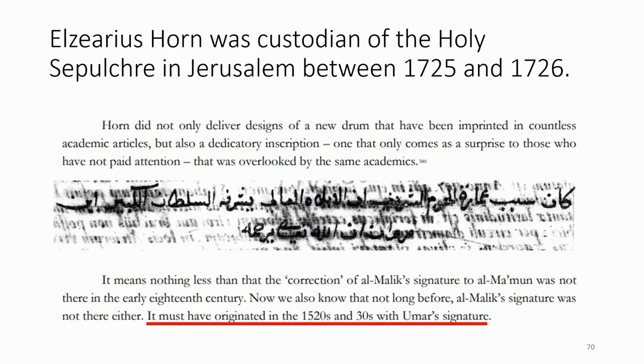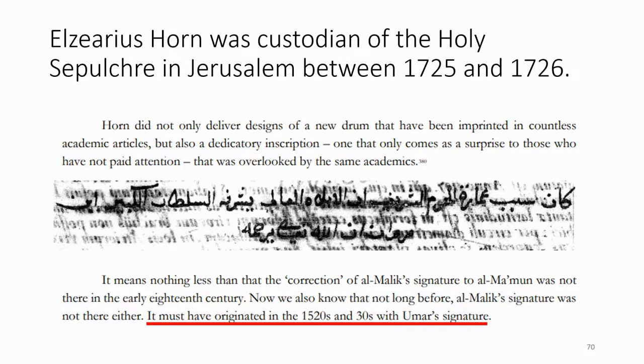It means nothing less than that the correction of Al Malik's signature to Al Mamun was not there in the early 18th century. Now we also know that not long before, Al Malik's signature was not there either. It must have originated in the 1520s and 30s with Umar's signature. Okay, so we have Umar's signature, and then it became Al Malik's, and then it became Al Mamun.